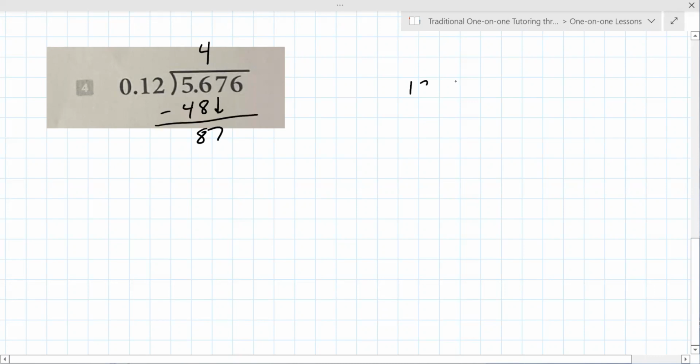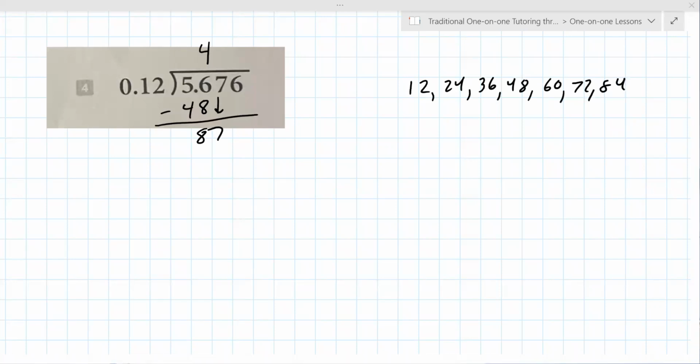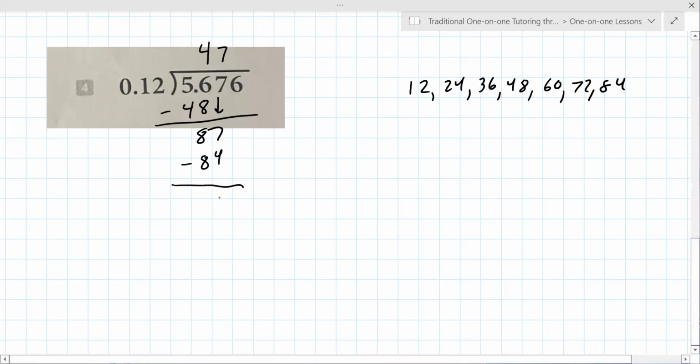Sometimes it's easier just to write the multiples of the numbers until you get the one that's closest. The closest you would get is 84, which is 12 times 7. So 7 times 12 is 84. Subtract, bring down the 3.